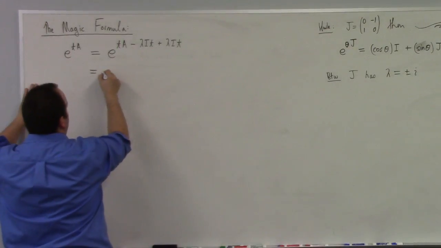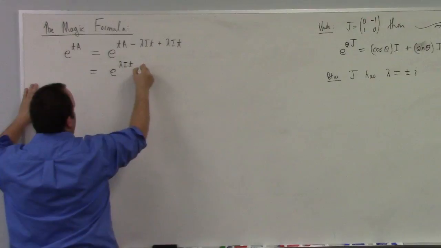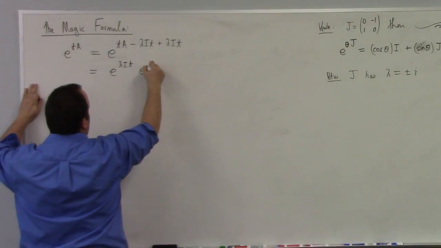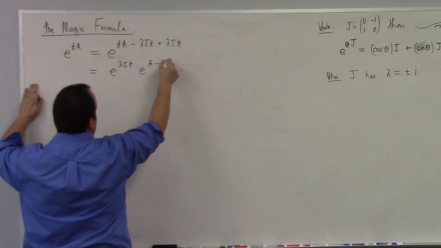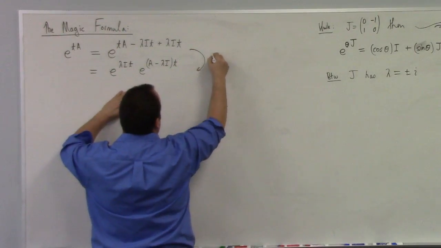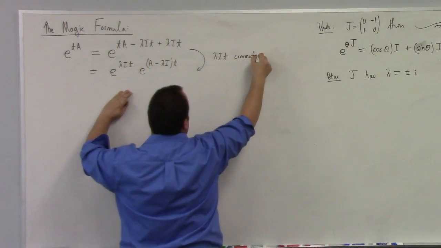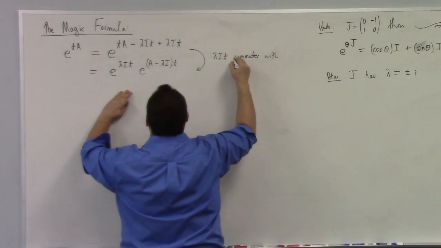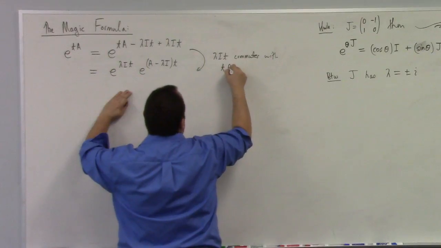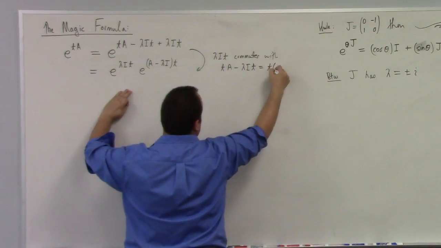So that is equal to e to the lambda It times e to the (A minus lambda I) t, because lambda It commutes with tA minus lambda It, which is, by the way, equal to t times (A minus lambda I).